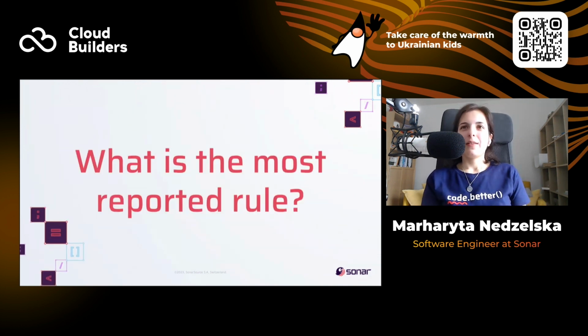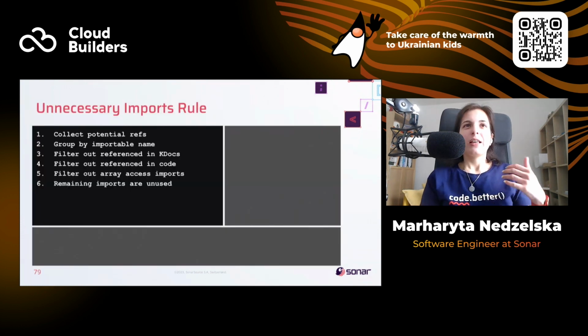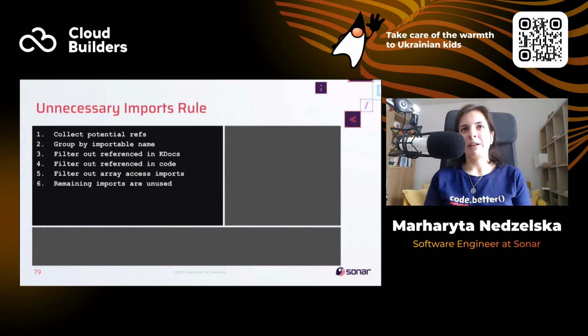Yeah, and now I'm going to talk to you about the most favorite hated rule, which is the unused import rule. If you want to implement an unnecessary imports rule, probably you'll have some sort of this algorithm.